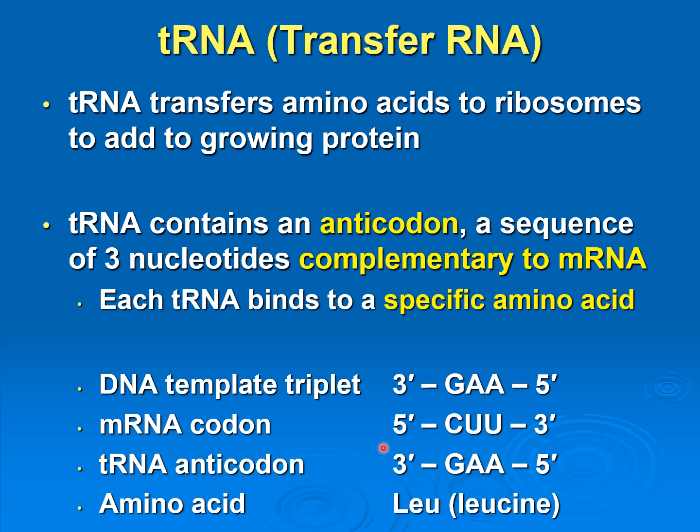Then the transfer RNA will come in and bind to the messenger RNA codon. Our transfer RNA anticodon will be complementary to the messenger RNA codon, so you can see G's and C's and A's and U's match up here. And then this transfer RNA will be bound to the amino acid leucine.